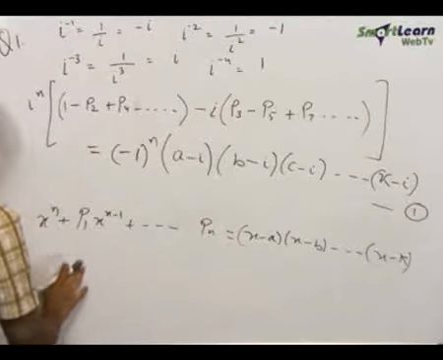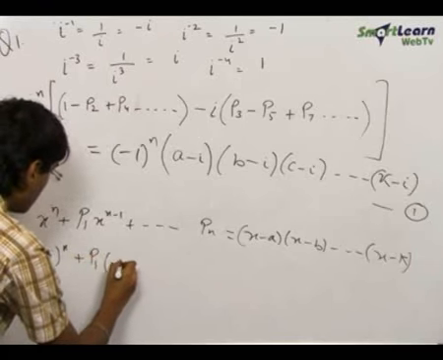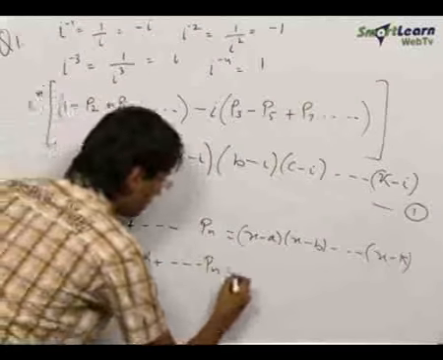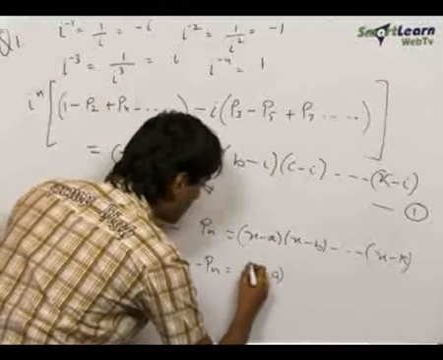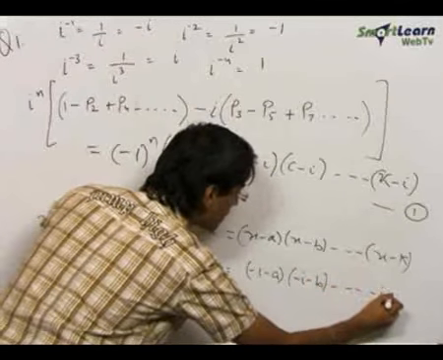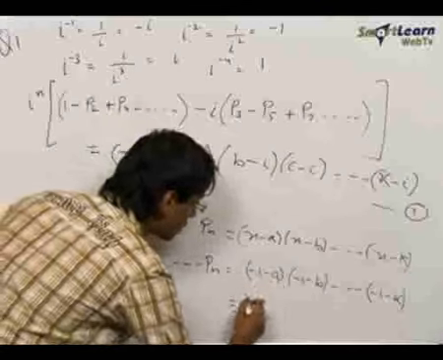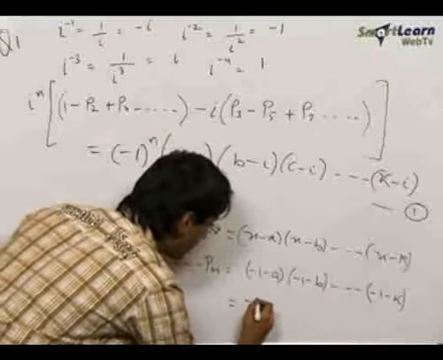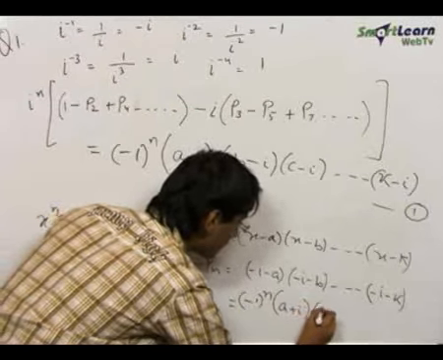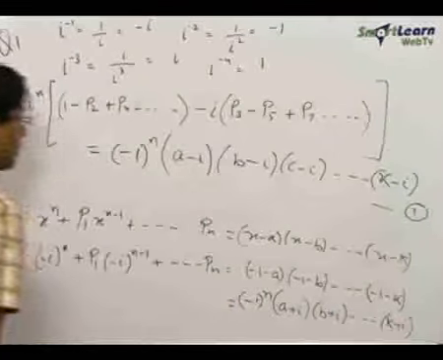So this becomes (minus iota) power n plus p1 into (minus iota) power n minus 1 up till pn is equal to (minus iota minus a)(minus iota minus b) up till (minus iota minus k). And on taking minus 1 sign common from each of these n brackets, we will get minus 1 power n (a plus iota)(b plus iota) up till (k plus iota).